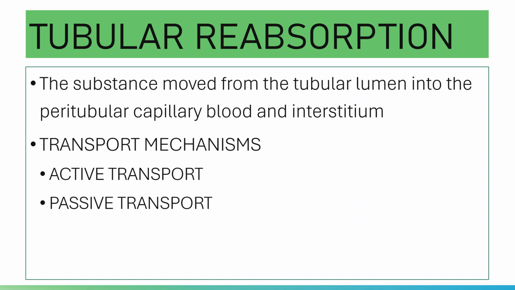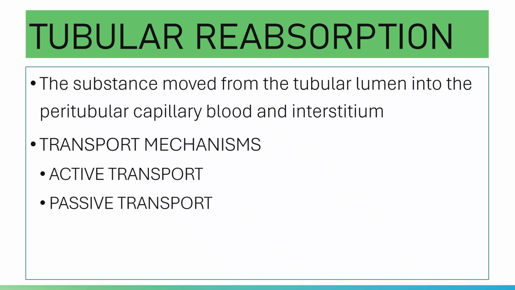Okay, let's take a look at your tubular reabsorption. This is the process wherein substances are moved from the tubular lumen into the peritubular capillary blood and interstitium. The substances are reabsorbed. The substances move out from the renal tubular lumen.